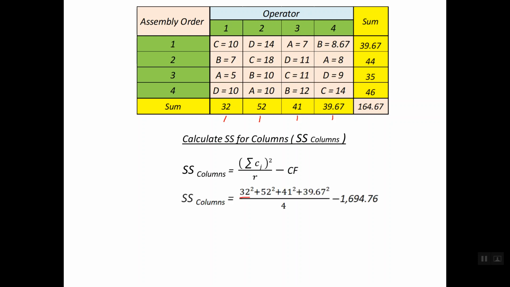This is the sum of column 1. This is for column 2. This is for column 3. And this is for the fourth column, divided by R, which is 4, minus the correction factor. So the SS for the columns is simply 50.92.